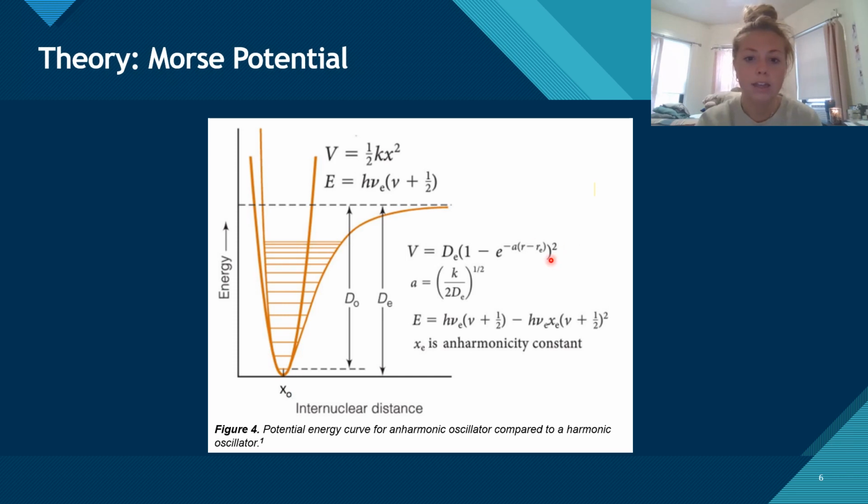And A is a constant that determines the curvature of the potential. In the Morse potential, we see that as energy increases, the energy spacing decreases. And from this equation, we see that VE is the harmonic frequency and VEXE is the anharmonic constant.